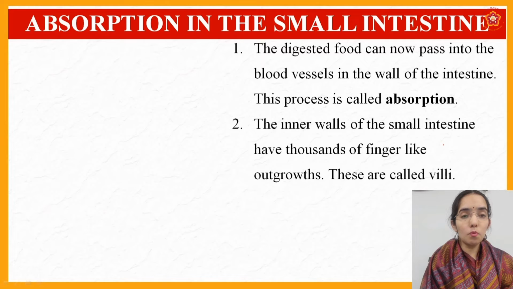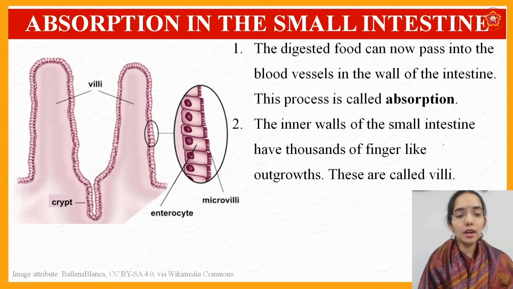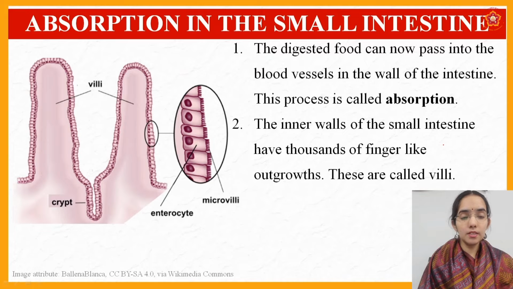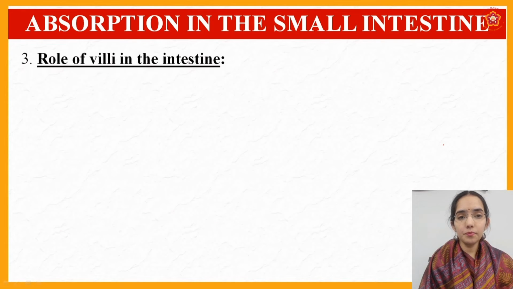The inner wall of small intestine have thousands of finger-like outgrowths, and these are called villi. So you can see in this diagram over here, there are these finger-like outgrowths, and these are called villi. Let's study in a little more detail about these villi. What is the role of villi?